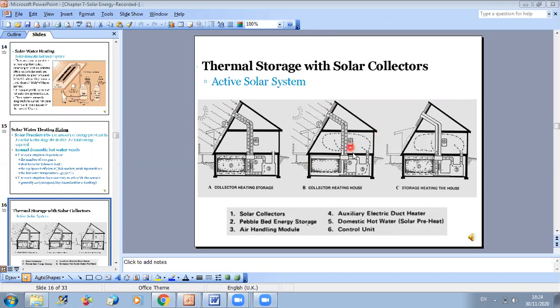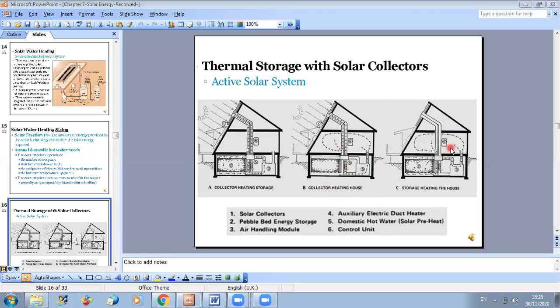And here you can see another path. Instead of going towards the thermal storage system, your fluid will go through a heat exchanger that is directly related to the inner space. The fluid will heat air, and the air will be circulated in my space to heat it. So here I am directly heating my space from the solar energy.